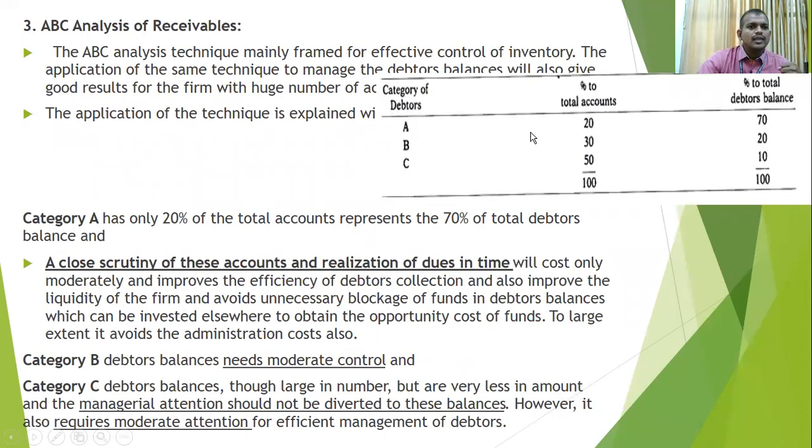Next one, ABC analysis of receivables. The ABC analysis technique was mainly framed for the effective control of inventory. The application of the same technique to manage the debtors balances will also give good results for a firm with a huge number of accounts.